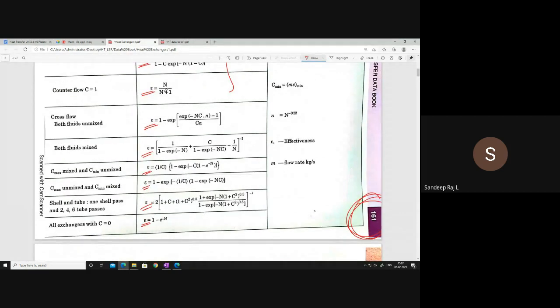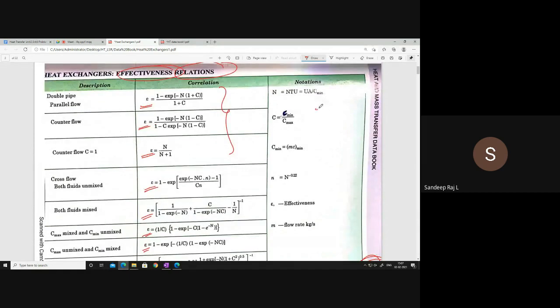These formulas will be used when effectiveness is unknown and the NTU is known.